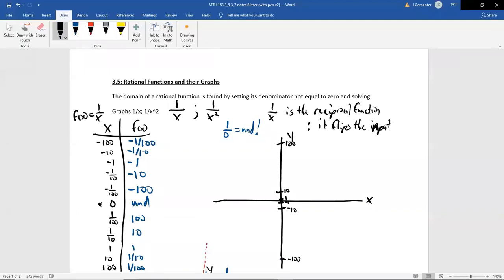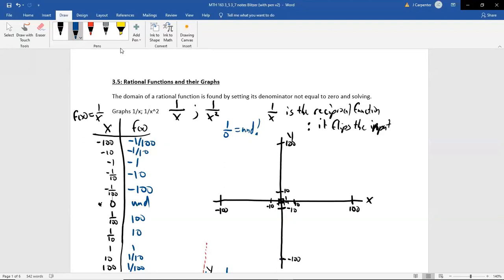So let's go all the way over here for negative 100, which would make this right here probably about the negative 10. It's getting really squished, but that would be the negative 1. I really can't write this, but right there would be the 1. About here would be the positive 10, and about here would be the positive 100.